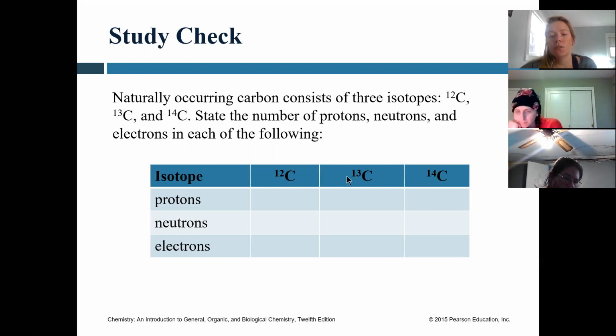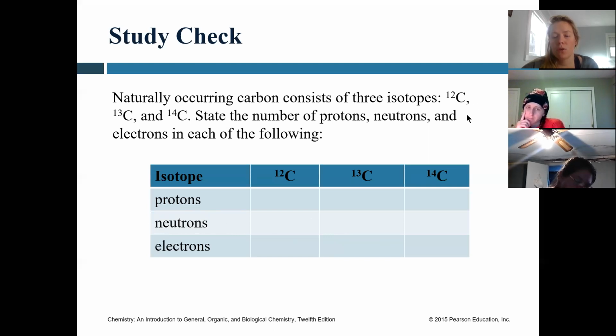Okay, so for each of these isotopes, if it is carbon, protons: 6, 6, 6. Electrons, because we know when it doesn't have a charge, and we'll talk about that charge in the upper right-hand corner, so just assume as of now it's neutral. Protons and electrons equal each other, so this will also be 6, 6, 6. Neutrons are going to be what shift.